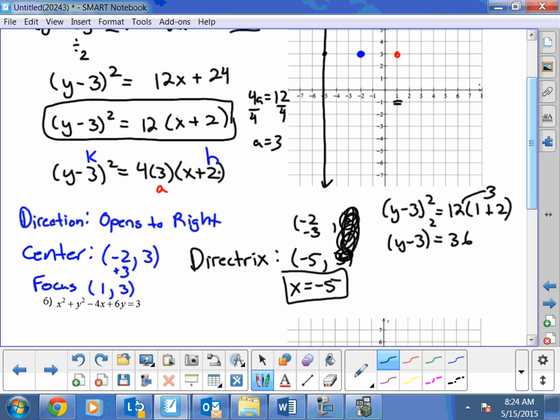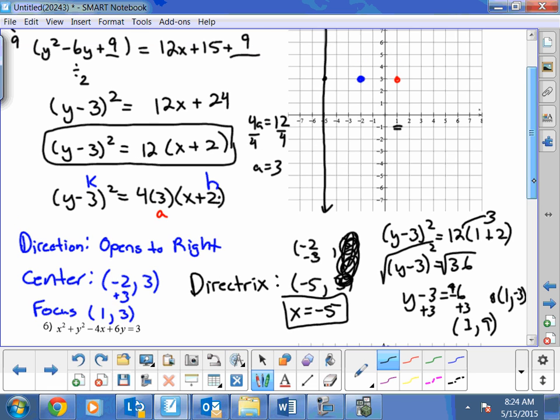Take the square root of both sides. Y minus 3 is going to be equal to plus or minus 6, which means we're going to come up with 2 points. Now these are y values. 1, 9 would be one of them, and the other one would be 1, and now I'm going to do the negative 6 one, so negative 6 plus 3 is negative 3.